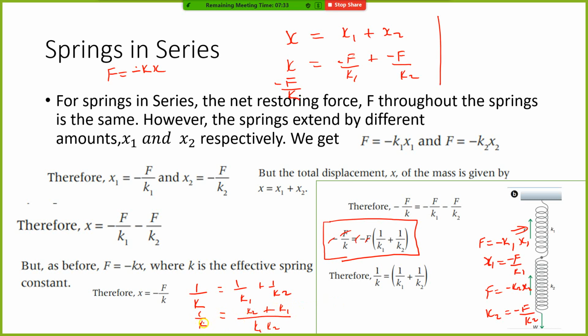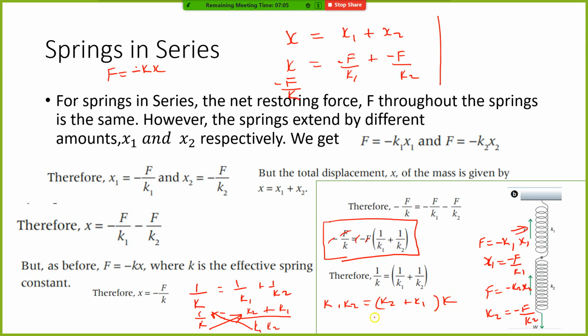I want K to become the subject. So if I make K the subject, I will transpose. So I will bring that across, right? And then I'll bring this across. So if I do that, I can literally see that K1 times K2 is equal to K2 plus K1 times K. I want K by itself.